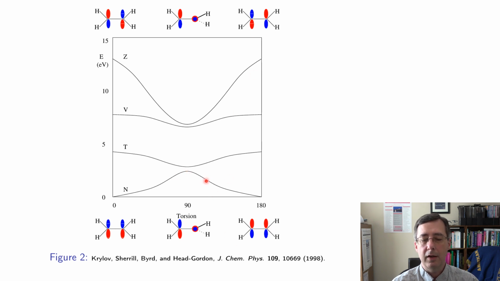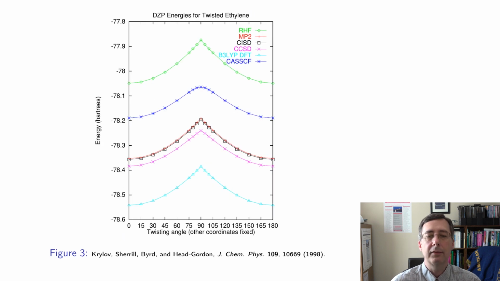And so I get a discontinuity where on this side it looks like this picture, on this side it looks like this equivalent picture, and in between I have to have some hop of solutions, and it looks discontinuous. And that's exactly what I see. If I plot, say, the restricted Hartree-Fock energy, I get a discontinuity as I'm hopping between those two equivalent pictures at 0 and 180, and I get kind of a spike in between.